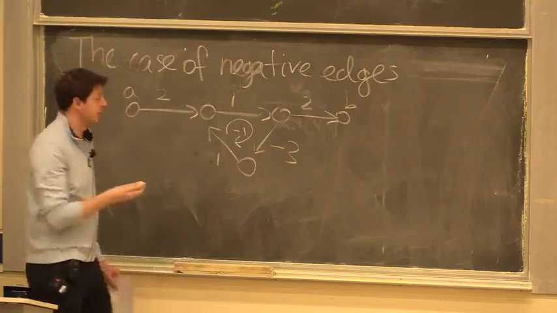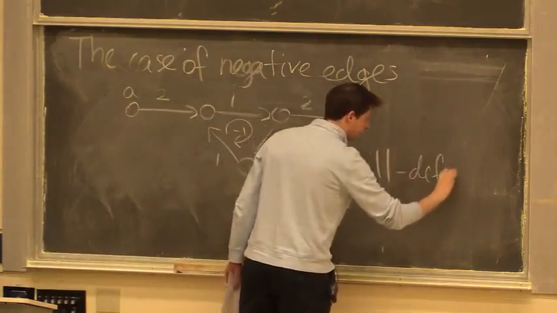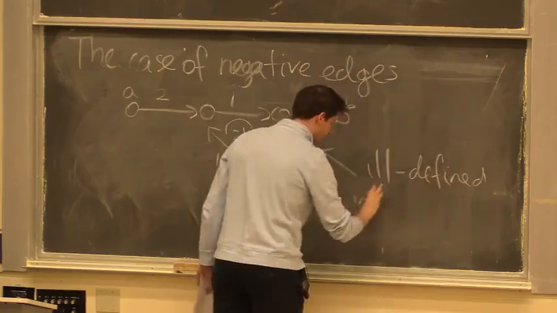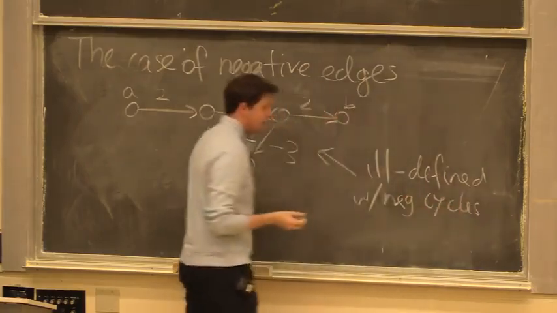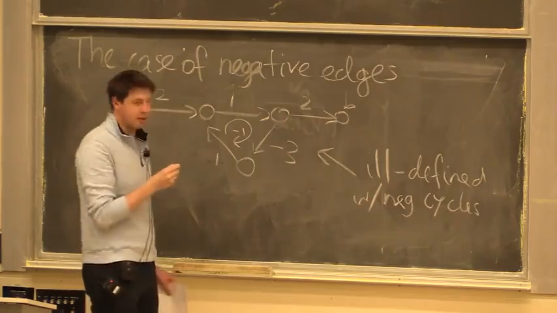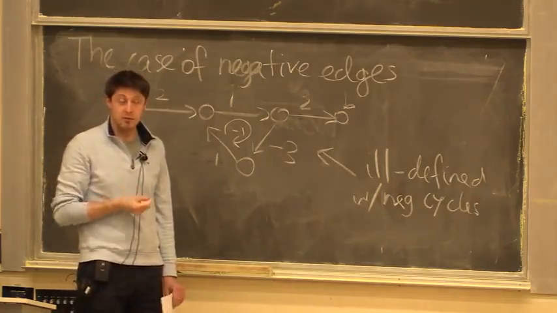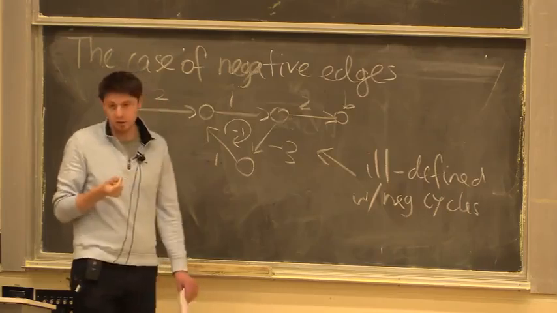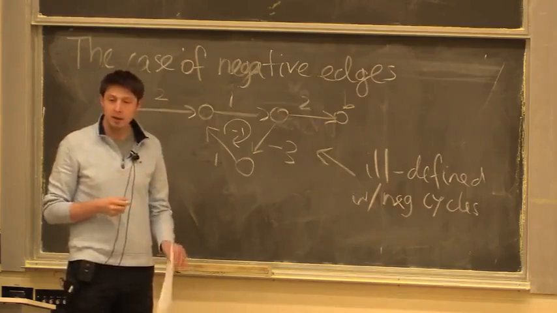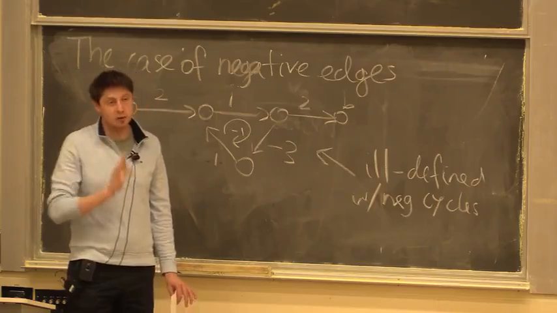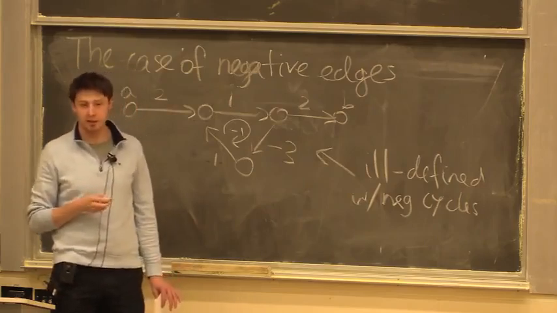So it is ill-defined with negative cycles. But notice that if there are negative edges, it doesn't mean that there are negative cycles. If there are no negative cycles, then the question is well-defined. So really, we should restrict our attention to graphs that, for now, we're just going to take as a given have no negative cycle, and later we'll see how we could detect whether there is a negative cycle or not.